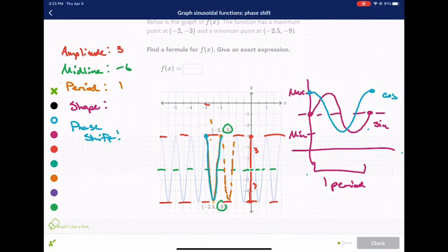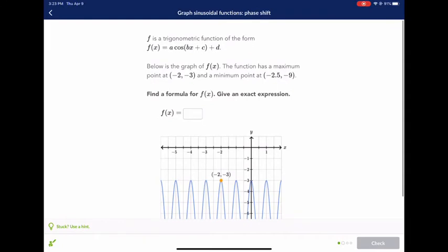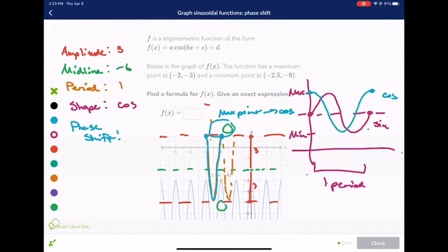So I'm going to use cosine for this. You could use sine if you wanted to, but it's just easier in this case to use cosine because we're starting at the maximum point here. That's one of the points that it gave us. Also, if you look at the original directions, it told us to use cosine. So we could have just taken it from there.